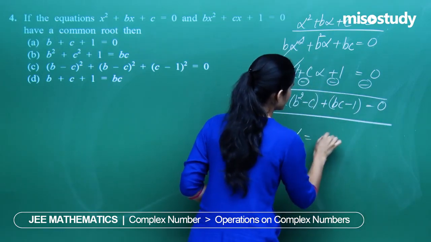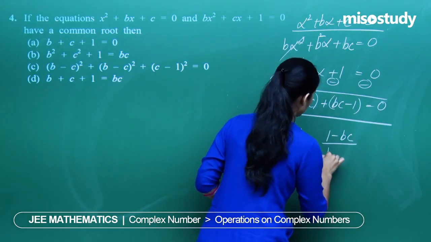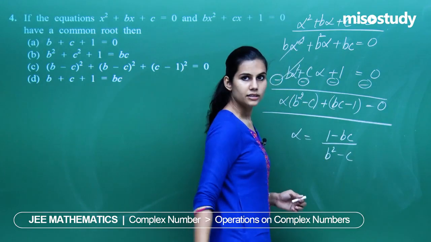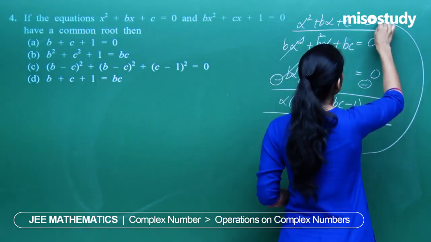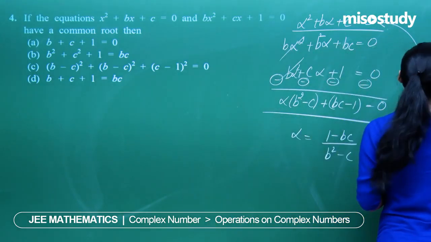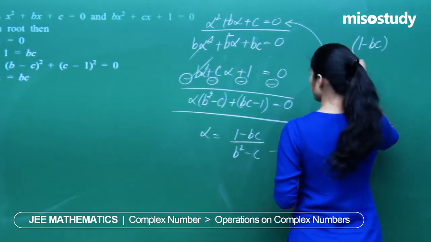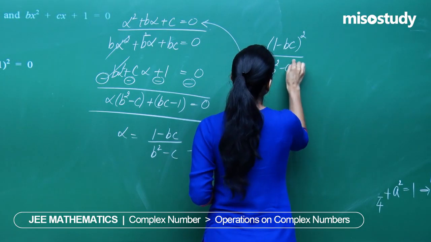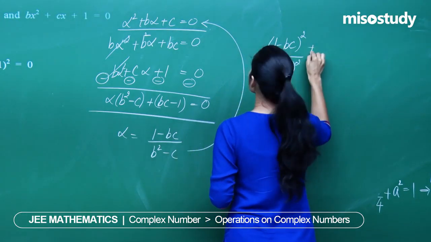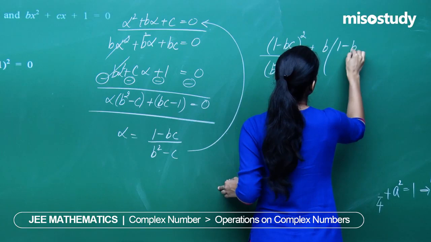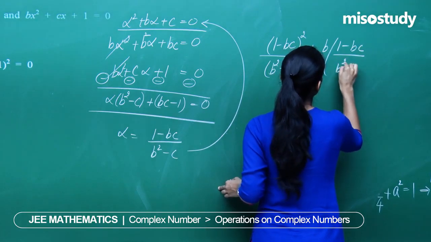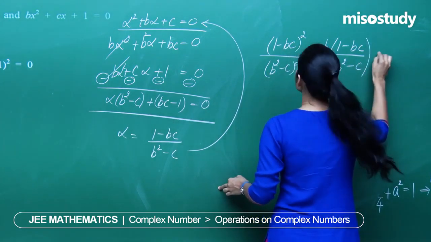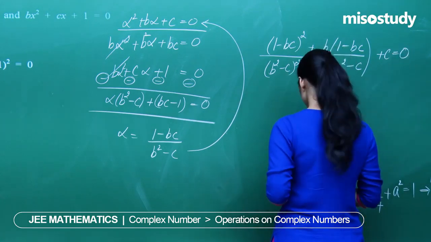So alpha turns out to be 1 minus bc upon b square minus c. When you plug this value of alpha in here, you basically get 1 minus bc whole square upon b square minus c whole square, this is alpha square, plus b into alpha plus c is 0. Okay?